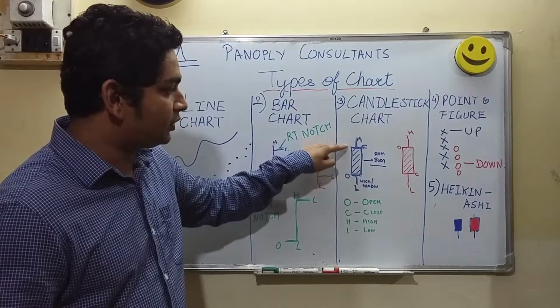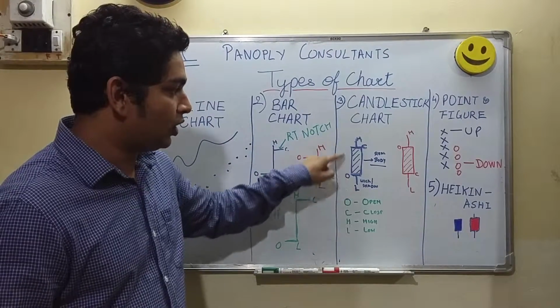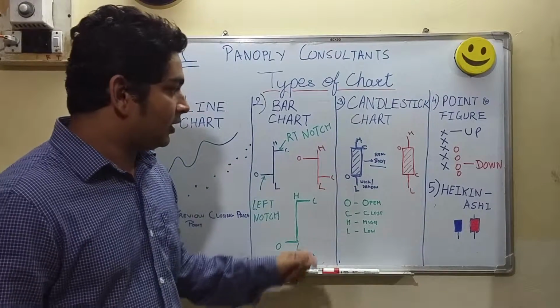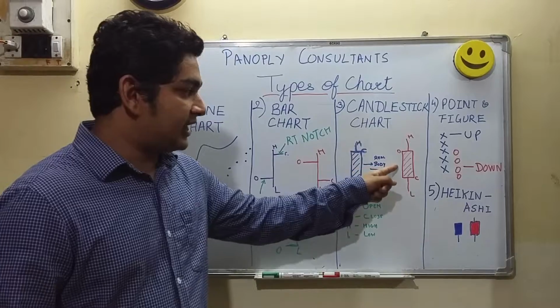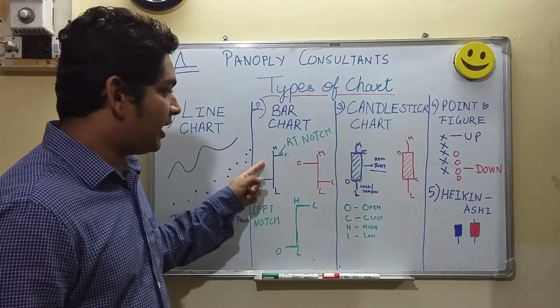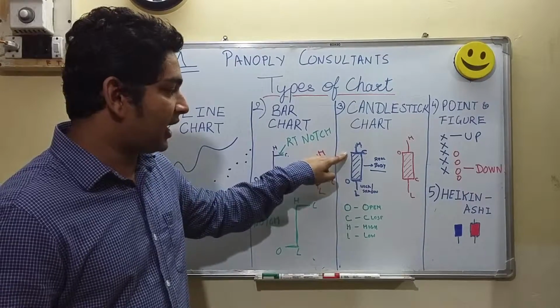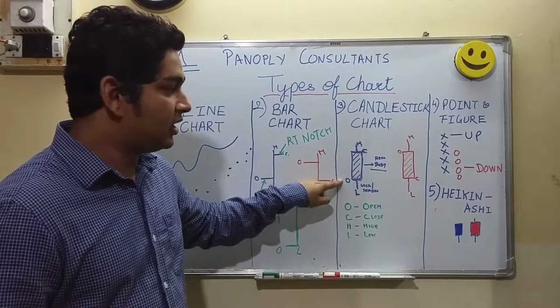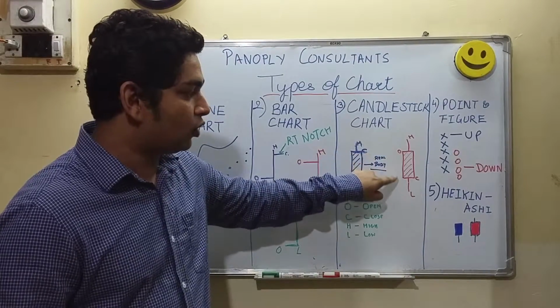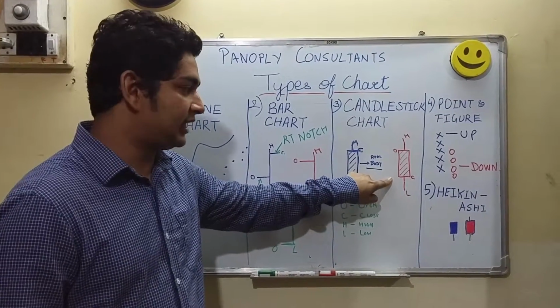The difference between the close and the high, and the open and the low, is called a shadow or a wick. A buy candle and a sell candle have the same characteristics as the bar chart: if the closing price is above the open price, it denotes a buy candle, and if the closing price is below the open price, it represents a sell candle.